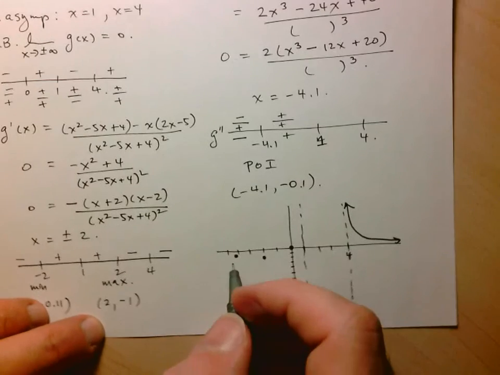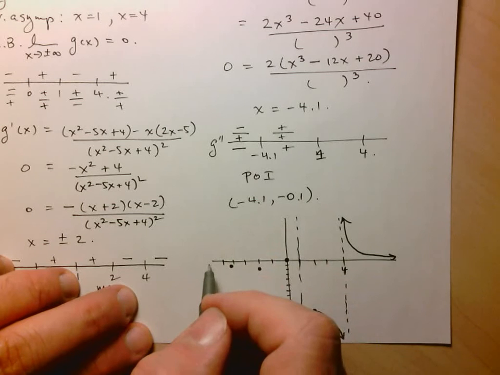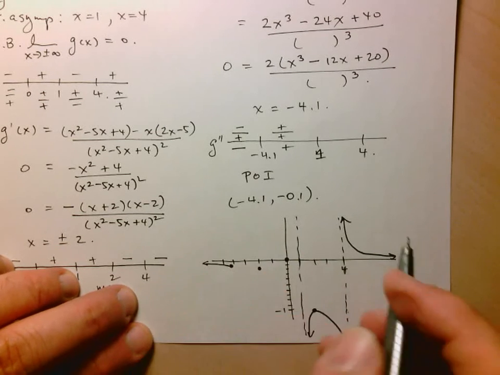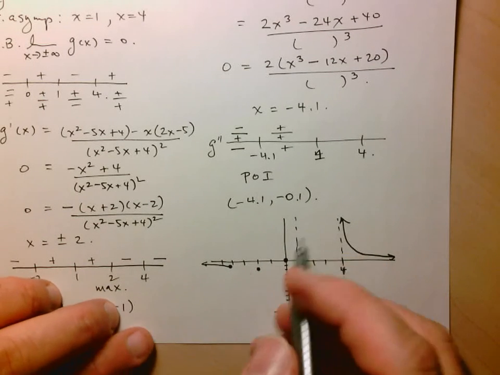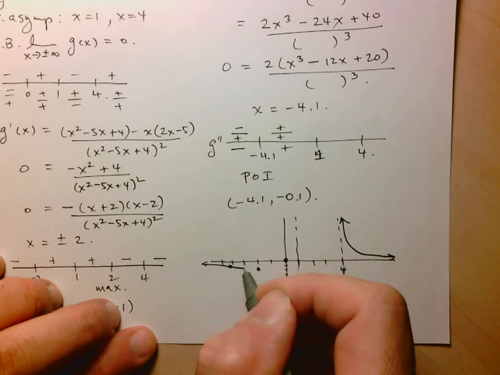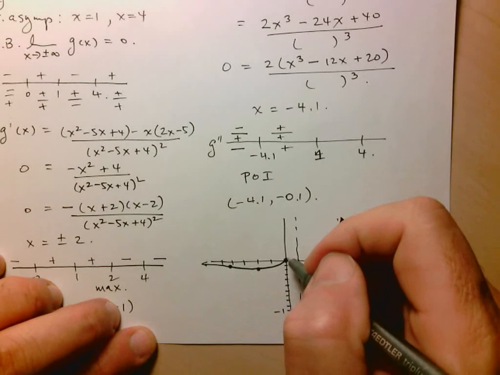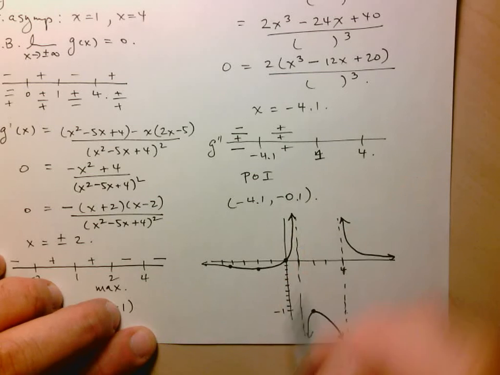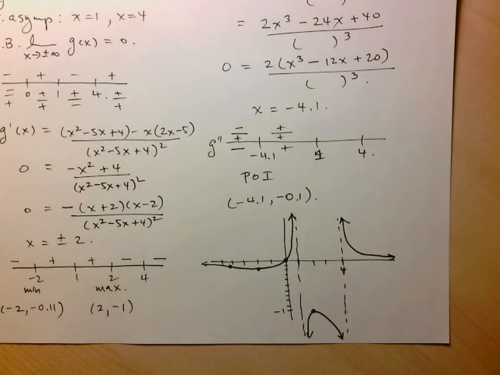Okay, so we know that it's approaching 0 and is going to be concave down at that point, so try to make it a little concave down, and then from this whole area here it'll be concave up, so it'll go down to the minimum and then cross the x-intercept, and then the function will go positive and approach the vertical asymptote. Okay, so this video is way too long, so we're going to stop it here.